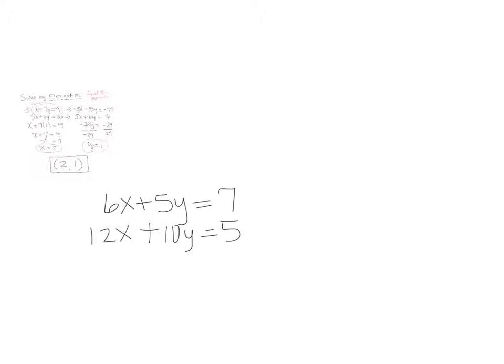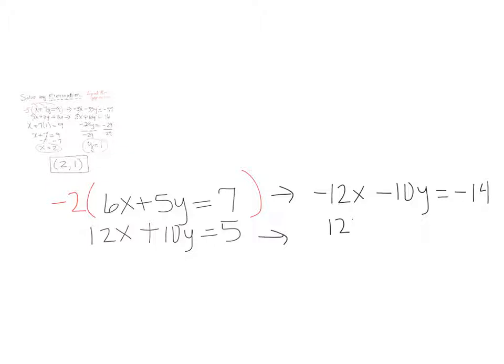So I could probably just multiply the top by -2, so that I get opposite, and then I'll get equal right after. So I'm going to get -12x, -10y, equals -14. And in the bottom, that didn't change, 12x plus 10y equals 5.